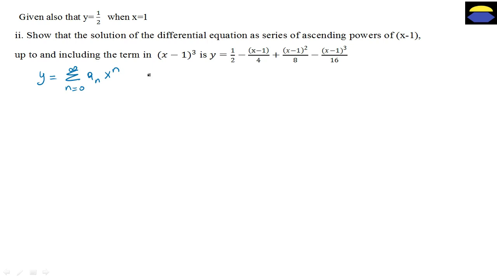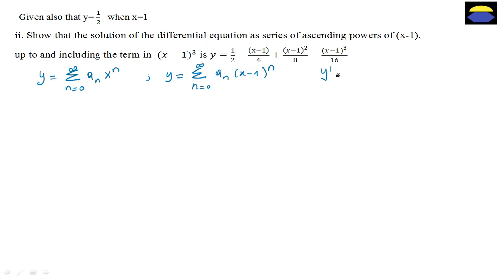So we want something that will look like y is equal to the sum from n equals 0 to infinity of a sub n times (x minus 1) to the power n. So how are we going to do this? We know this is an expression that depends on n, so we can derive it as well.